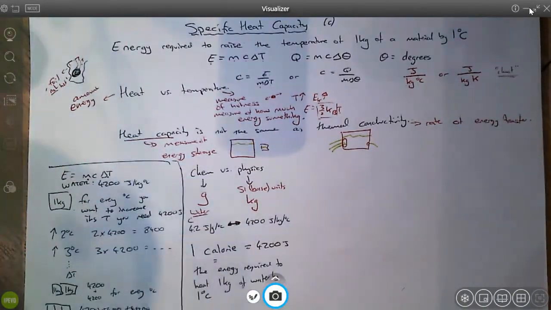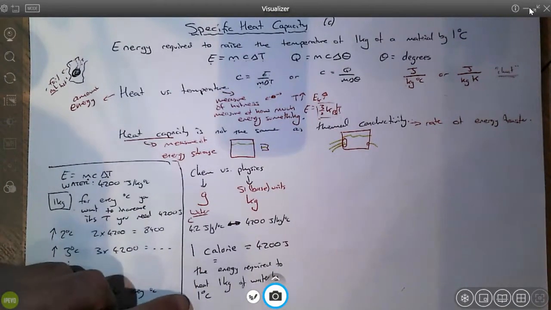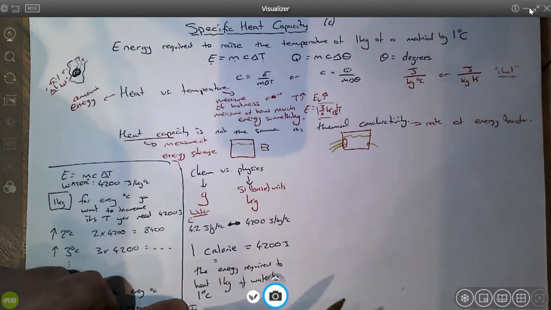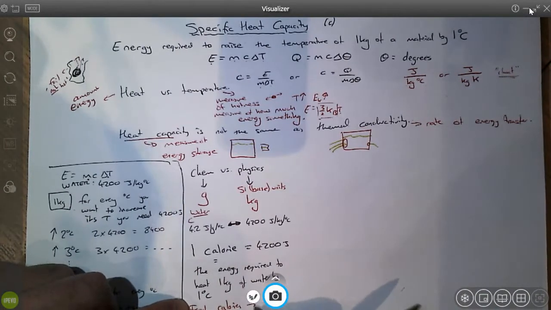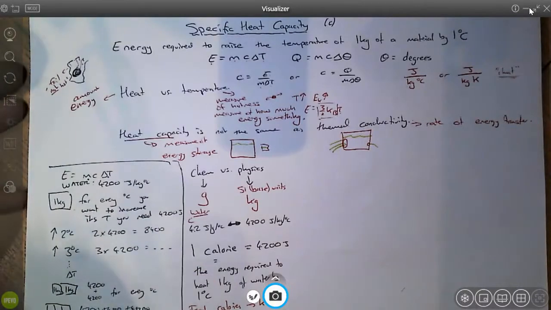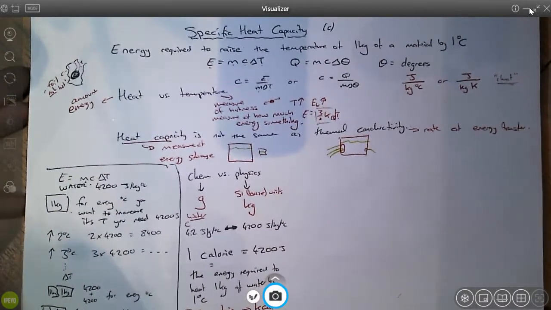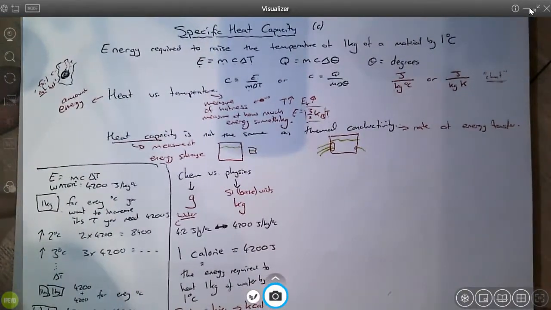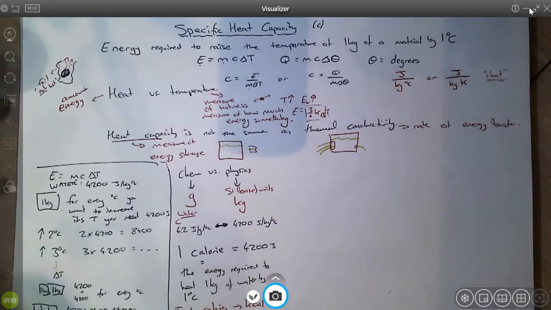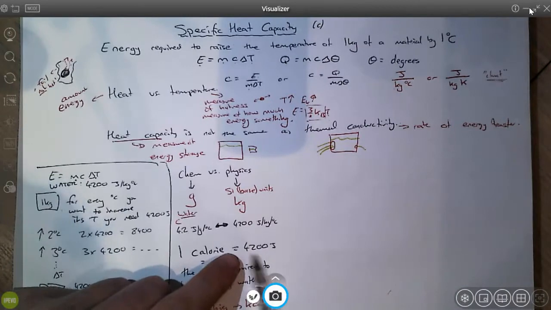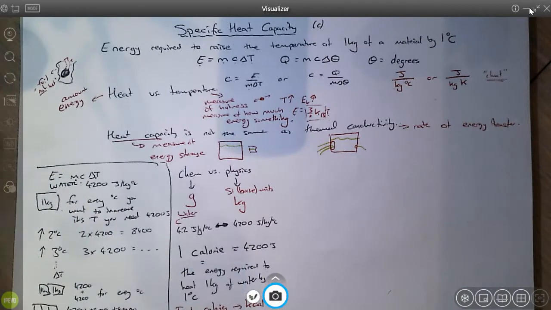And then it's usually worth saying that actually, if you look on the back of a food packet, when we see calories, we actually usually mean kilocalories. So if it says 15 calories, it probably actually means 15,000 calories, and it doesn't therefore mean this many joules. It means 1,000 times this.